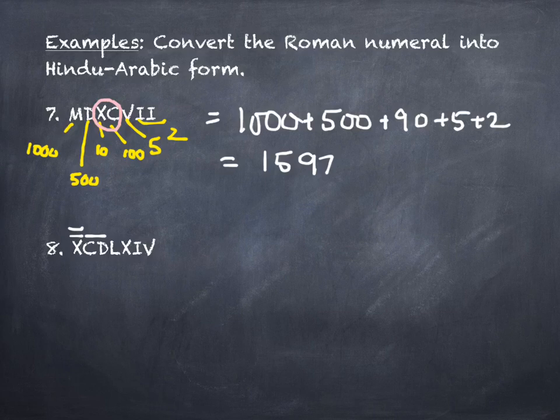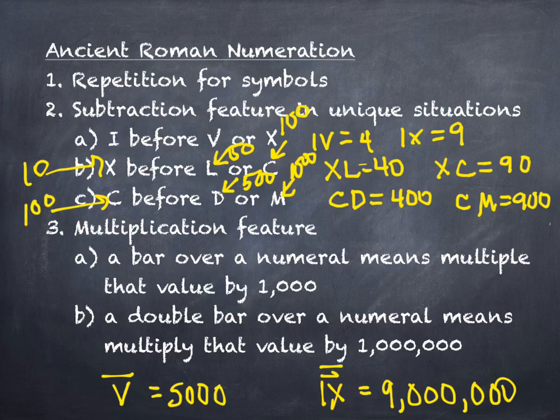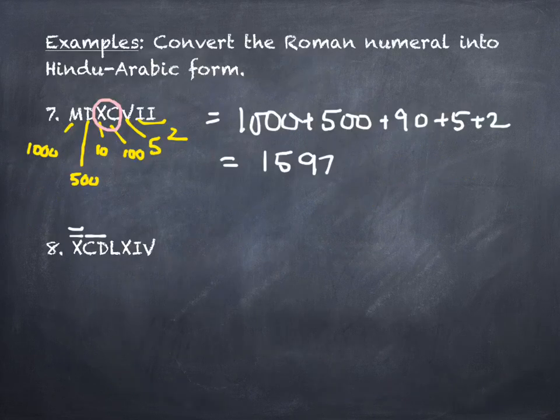So when there's the X, which is worth 10, before the C, which is worth 100, we take 100 minus 10 to get 90. It's the list from last time: the only time this subtractive feature ever occurs is for the numbers 4, 9, 40, 90, 400, and 900. So if you don't see a 4 or a 9 in it, it's not going to have a subtractive feature.